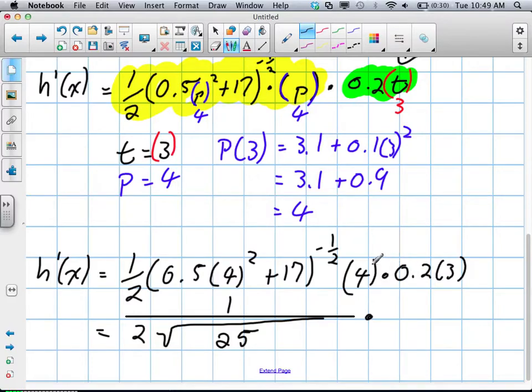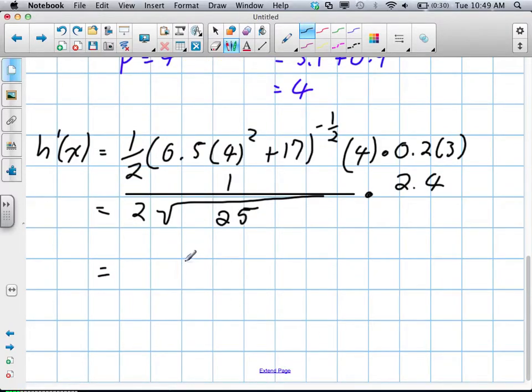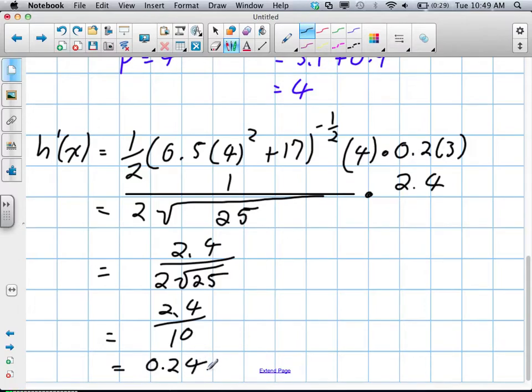And this becomes 4 times 0.6, which is, I think, 2.4. Should be 2. So we can simplify this to read 2.4 divided by 2 root 25. 2.4 divided by 10. Is it 0.24? Yeah.